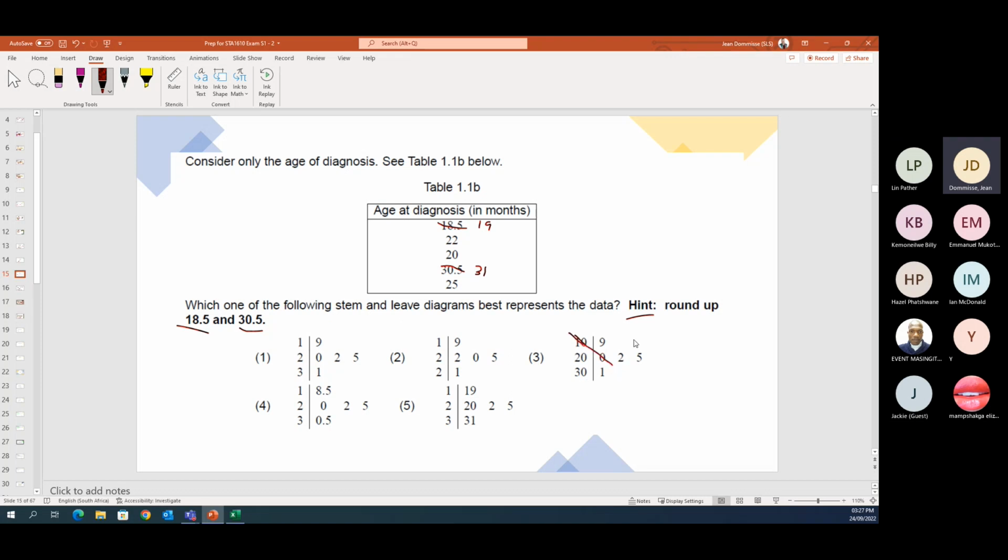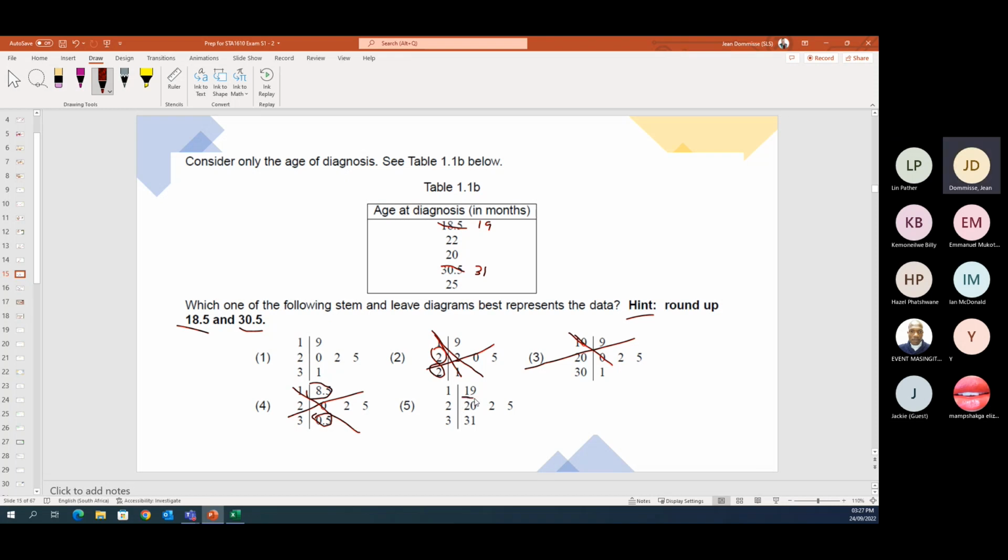So this one is not correct. You see the smallest is 19, the highest is 31. So you can't have one with 2, so that one is also incorrect. They told us that we need to round up, so you can't have those in there, so that is also incorrect.